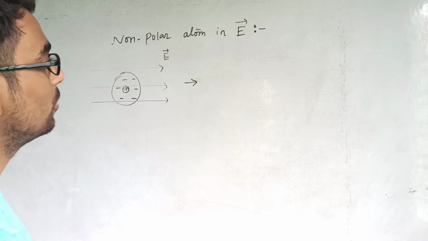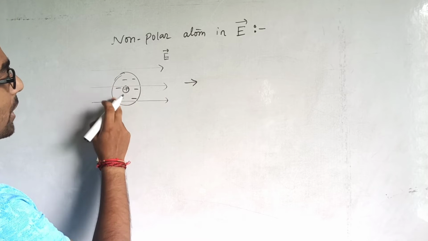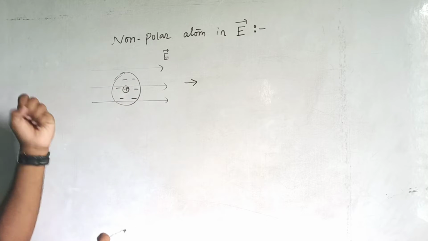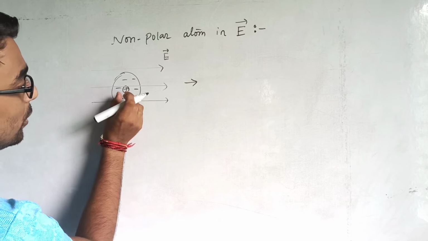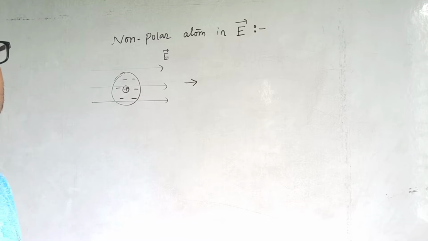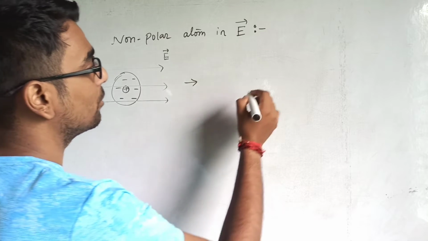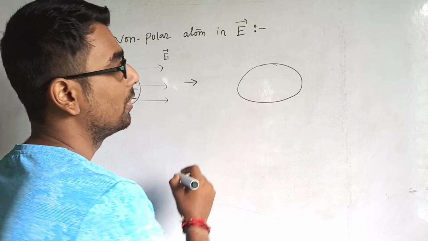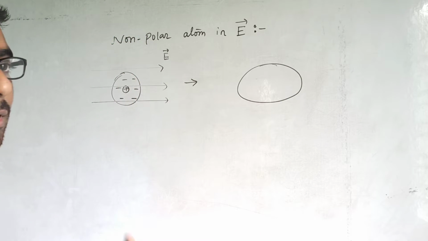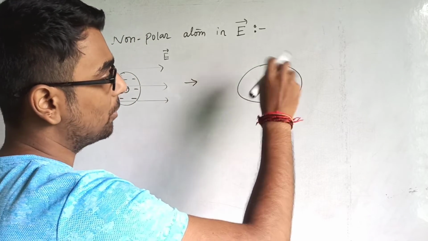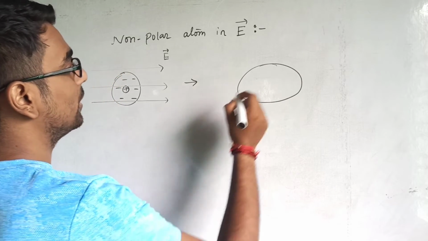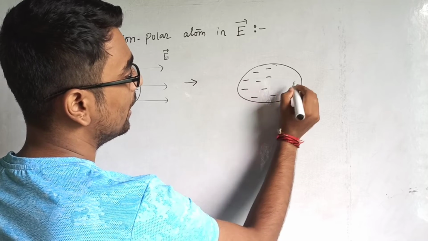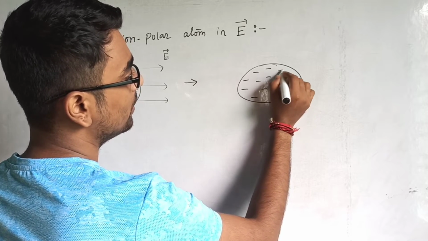So the negative charge of the atom will get attracted toward the positive charge, and the positive nucleus will get attracted toward the negative charge, as a result of which the shape of the atom will become distorted, that means ellipsoidal. So the negative charge will come to the left side and the positive charge will go to the right side.